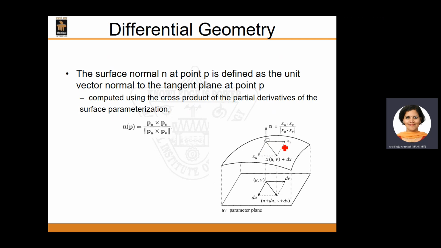You can compute it as Pu cross Pv divided by the norm of Pu cross Pv. So here we are expressing the surface normal in terms of the first derivatives, the tangent vectors Pu and Pv.